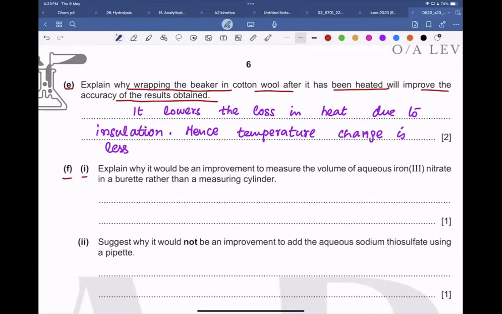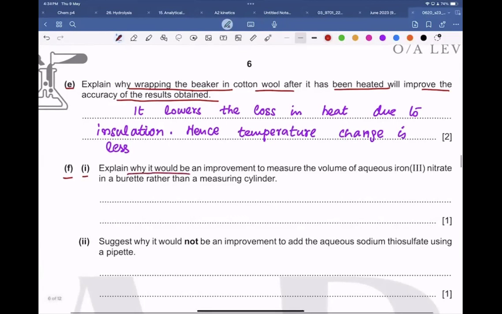Now, part F1. Explain why it would be an improvement to measure the volume of the aqueous iron 3 nitrate in a burette rather than a measuring cylinder. So it's very easy. If you guys recall, that's what I have discussed in the last class, that burette is more accurate, right? And measuring cylinder is for the approximate readings.